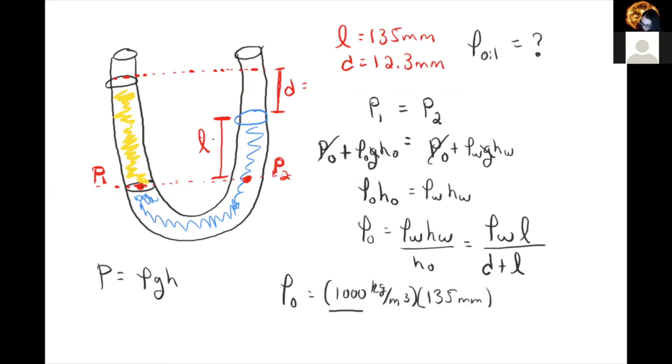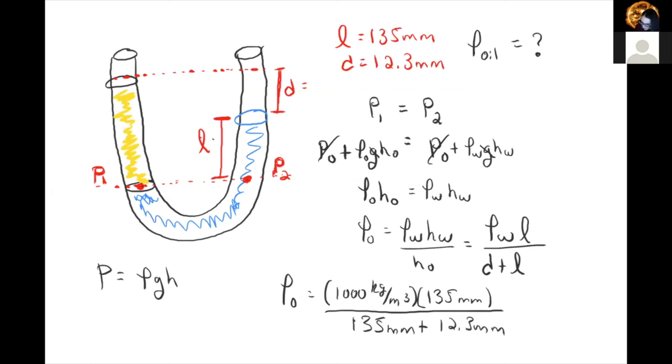And I'm going to divide it by my 135 millimeters plus my little quantity D here, which is the difference in the height of the oil column and the height of the water column from our reference point. And that distance was 12.3 millimeters.